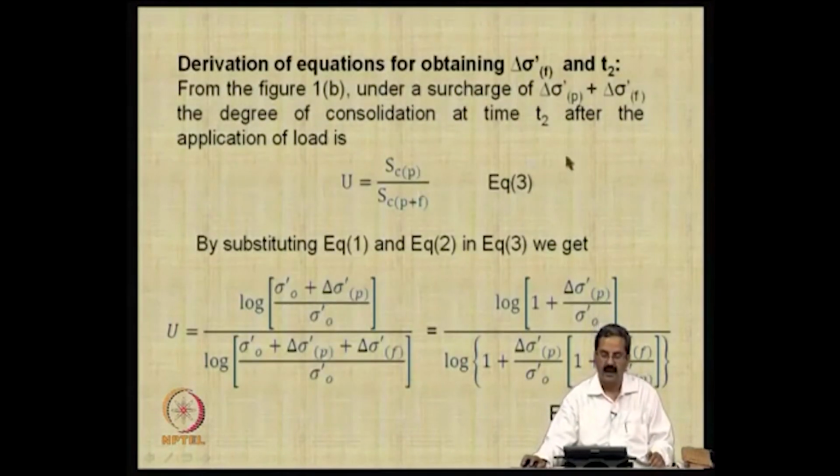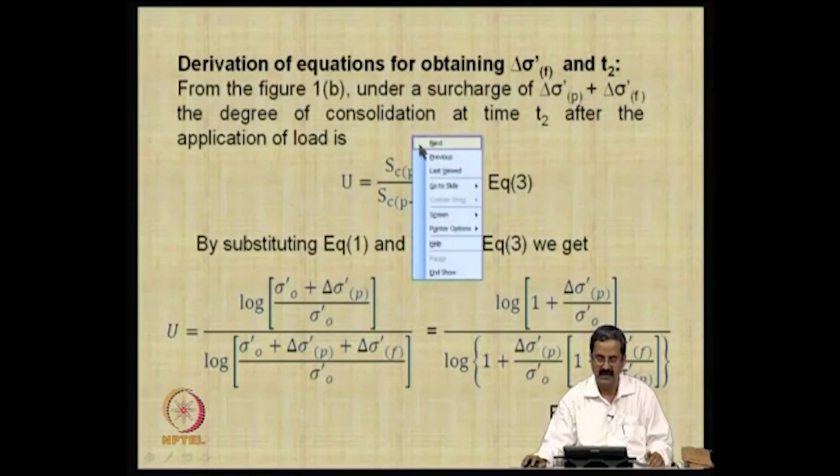Understanding can be obtained with reference to what is called the degree of consolidation at time T2. This is what we are interested in. It is defined in terms of settlement, as the ratio of the settlement for the load P divided by the settlement for the load P plus F. We have the expressions for both of them from the previous expressions we have seen.